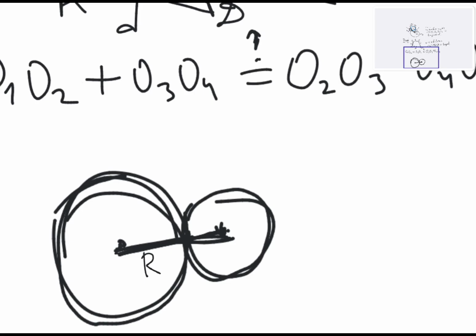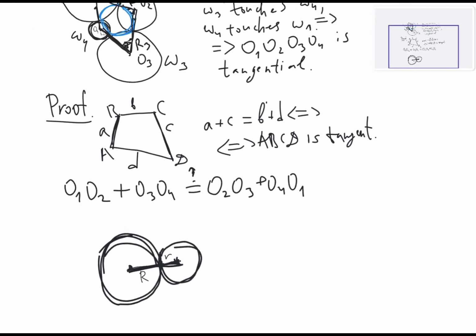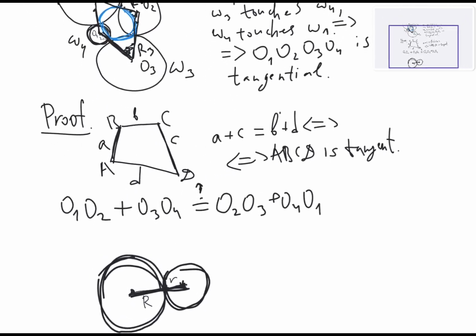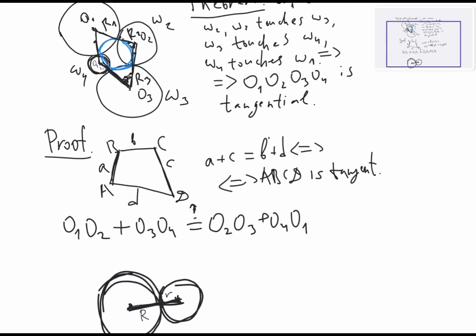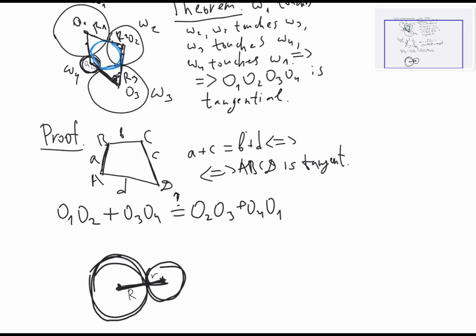This segment would be the radius of this circle, and this would be the radius of the small circle. So the distance between the centers of two touching circles is always the sum of their radii.